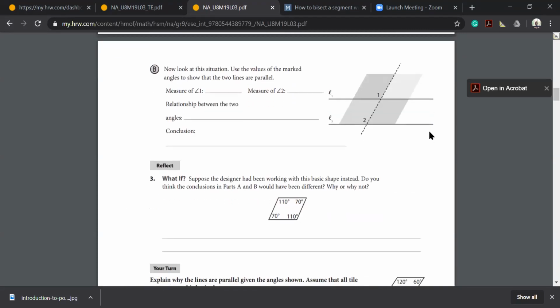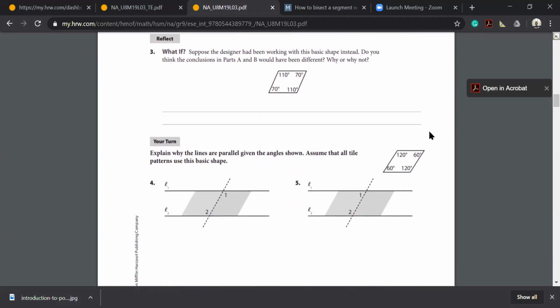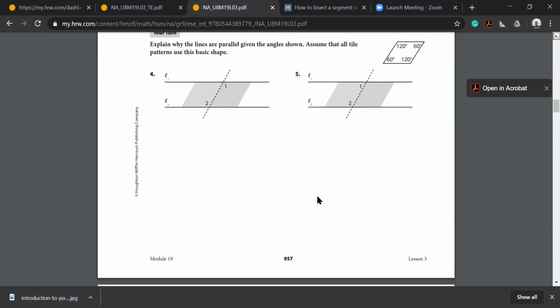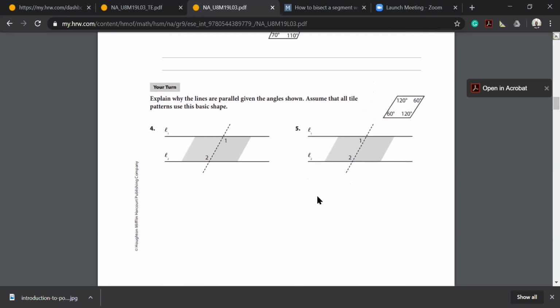And according to this, we had our first example that I left for you, which was number 4 and number 5 in page 957. Okay, explain why the lines are parallel. We want to prove why L1 is parallel to L2. And when he is telling you to explain or to prove, he wants you to tell him it's according to the converse of which theorem.